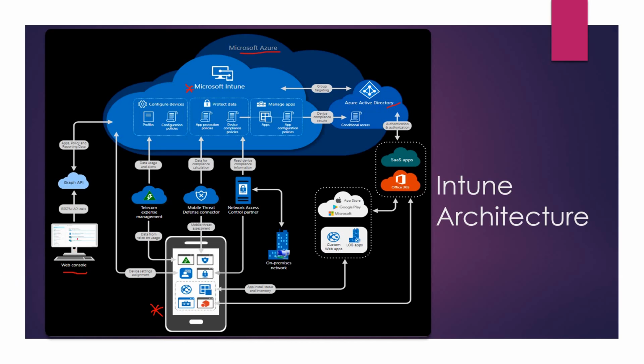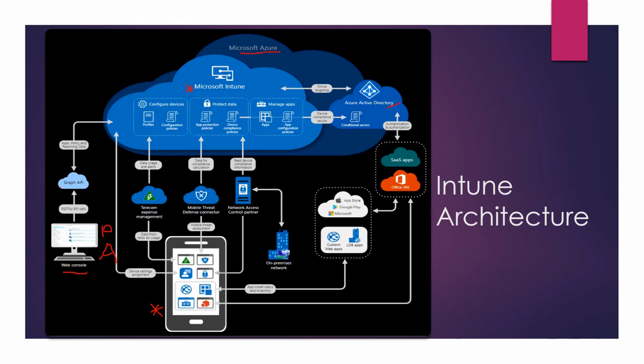So from this web console, the admin makes policies and the admin deploys applications. The admin would log into the console ideally, and go to the portal. He would create a policy like normally we would create a policy, let's just say from a group policy editor or from SCCM or from any other management console.